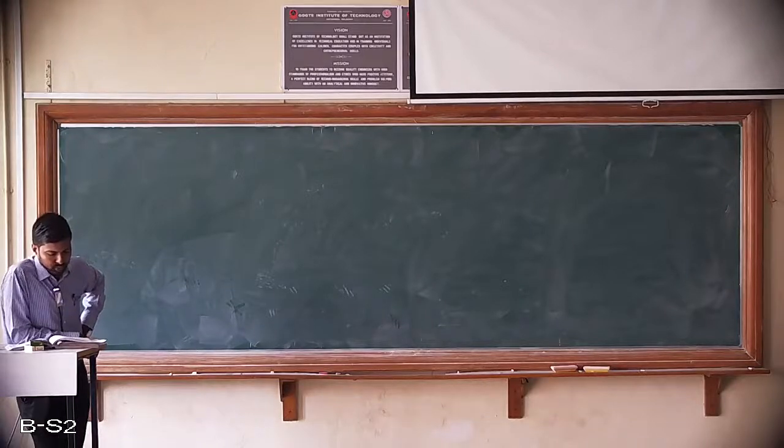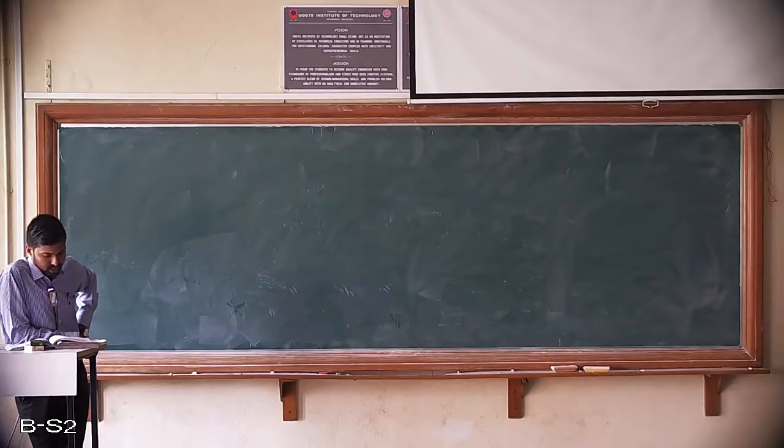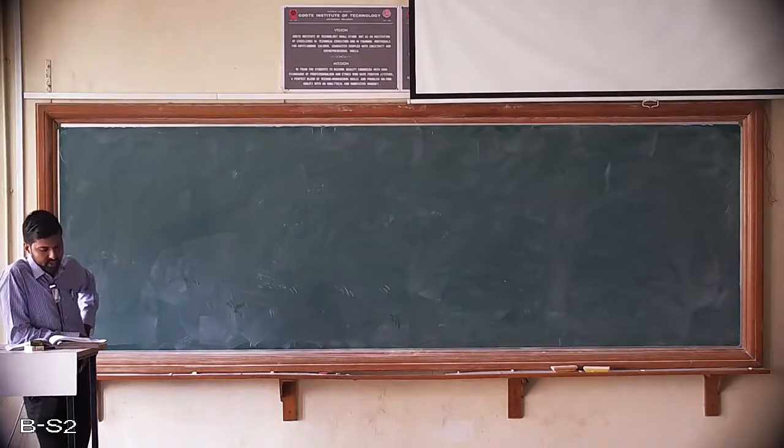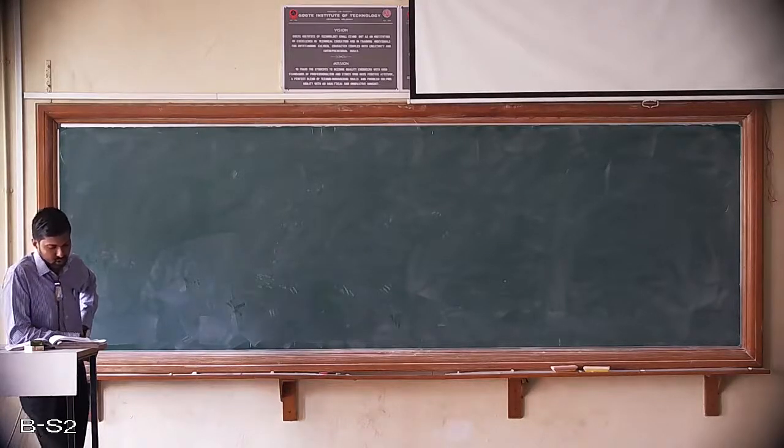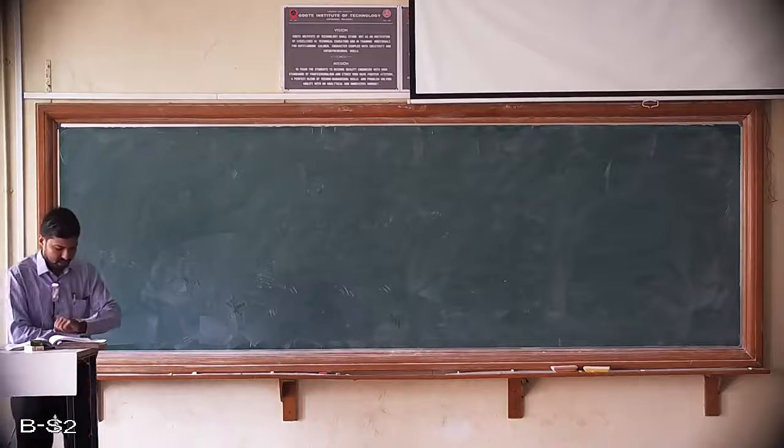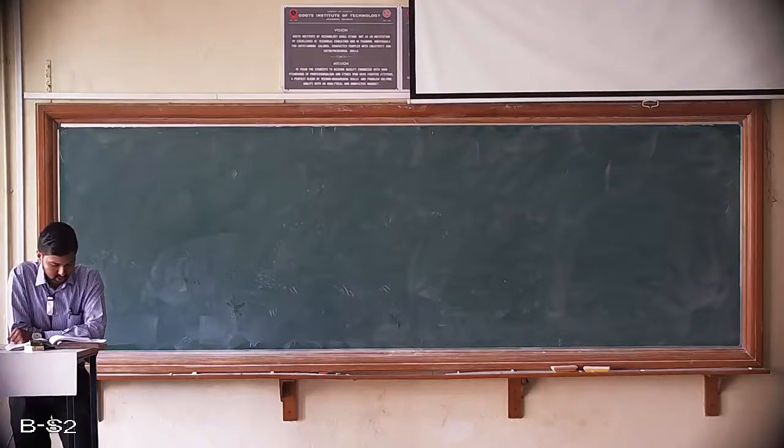So I will go through the problem statement. Please understand. In a Porter governor, each of the four arms is 400 mm long. The upper arms are pivoted on the axis of the sleeve, whereas the lower arms are pivoted or attached to the sleeve at a distance of 45 mm from the axis of rotation.